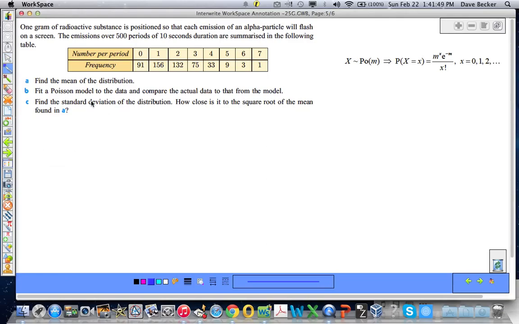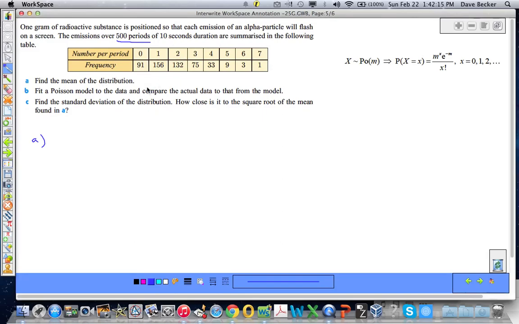Okay. So A, find the mean of the distribution. 1 gram of radioactive substance is positioned so that each emission of an alpha particle will flash on a screen. The emissions over 500 periods, so there is our number of trials, of 10 seconds duration, are summarized in the following table.